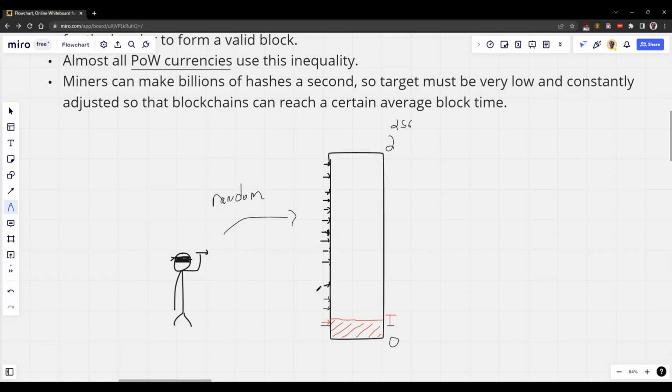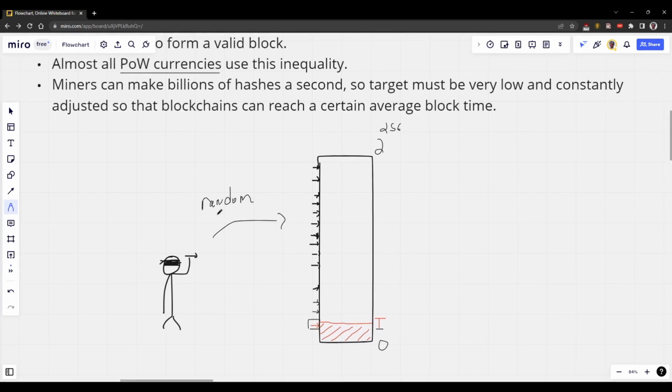So your probability of getting a dart below this target value is pretty low, and in this case, the miner only found one. The point is that you're throwing random darts at this board until you get one that is below the target value. And that dart, or in this case, hash, once it's below the target value, it's considered a success, or a block.